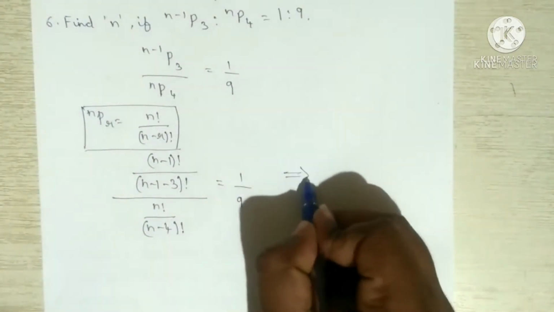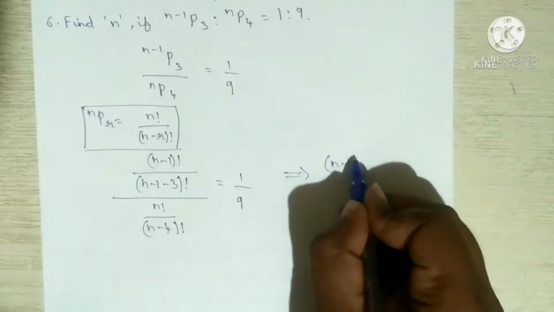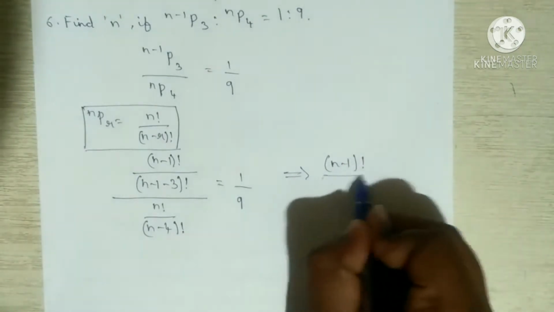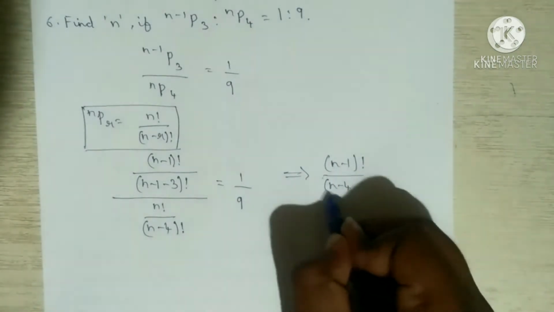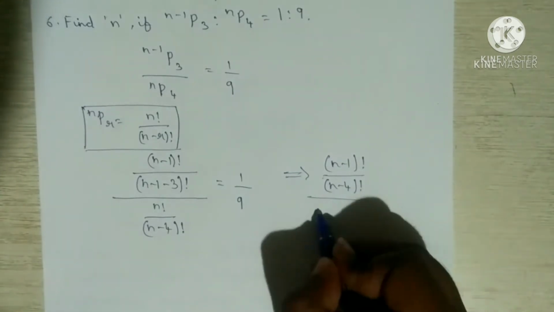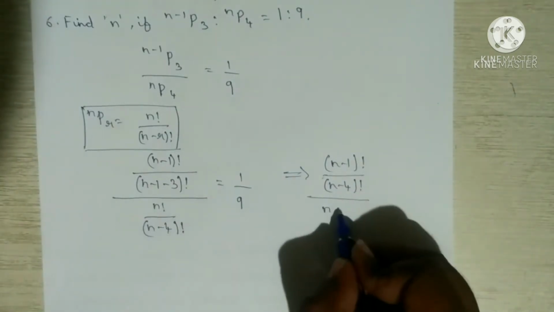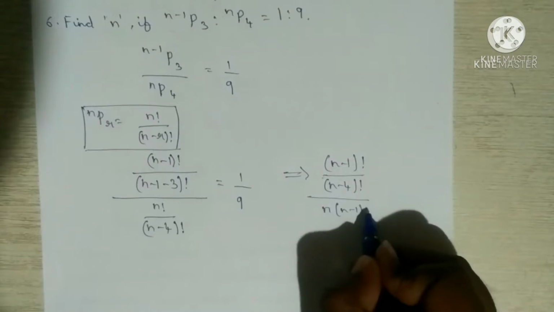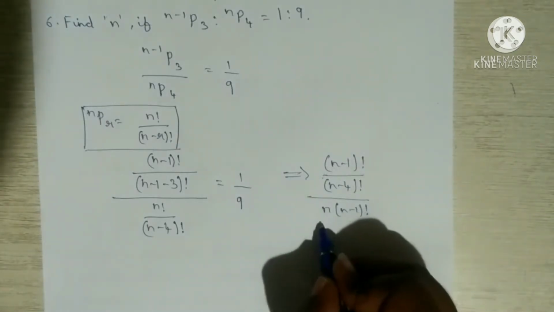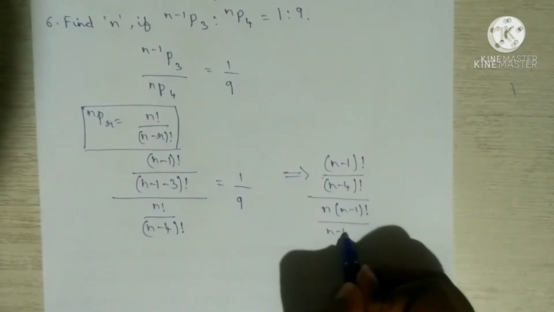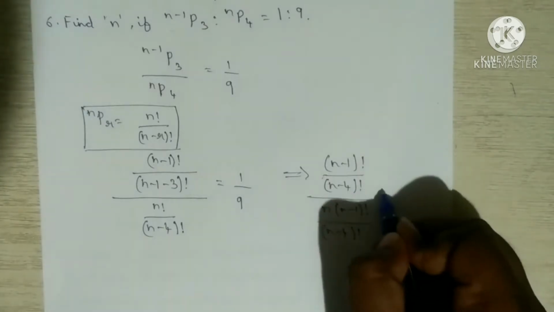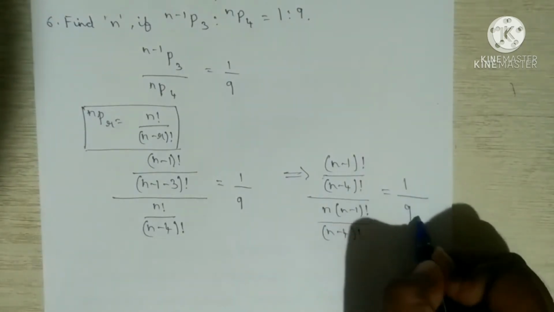Which will be equal to (n-1) factorial by (n-4) factorial, whole divided by n factorial, which can be written as n into (n-1) factorial, whole divided by (n-4) factorial, is equal to 1/9.